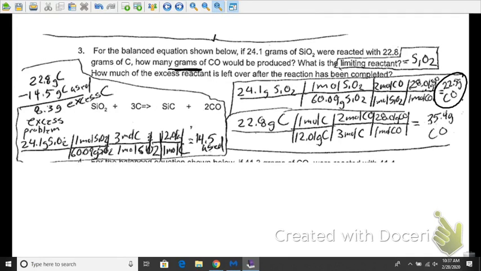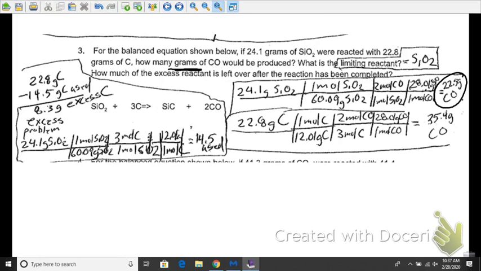And so then what you do is, what do you have to use in which to see how much of the carbon was actually used up? What would you do, where would you start the process to determine how much of the actual carbon is used up? Or you'd start with how much product you had, right?